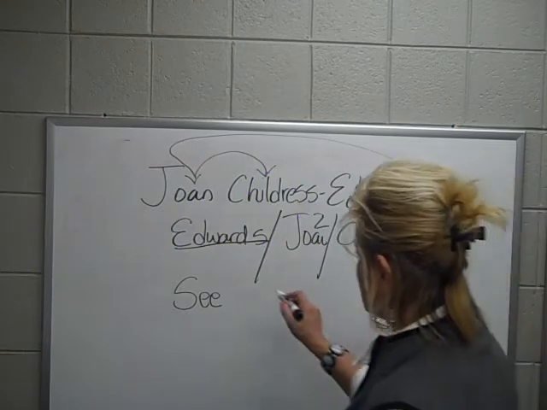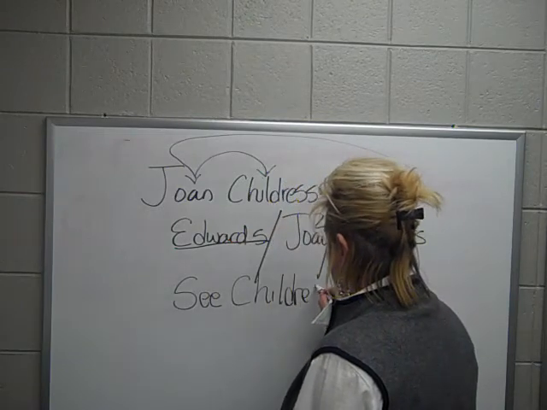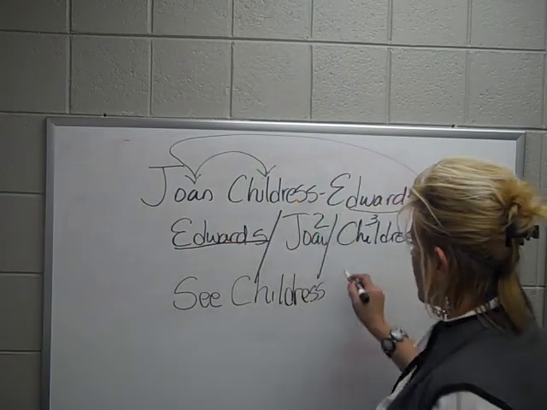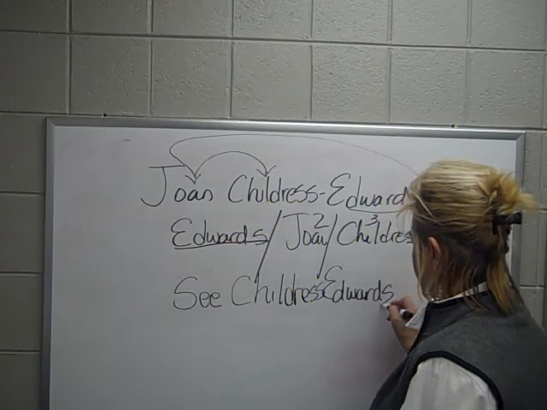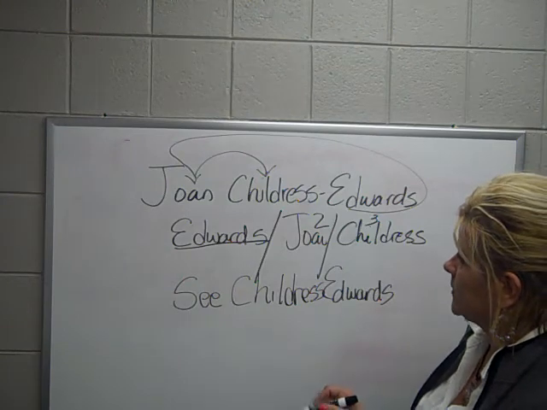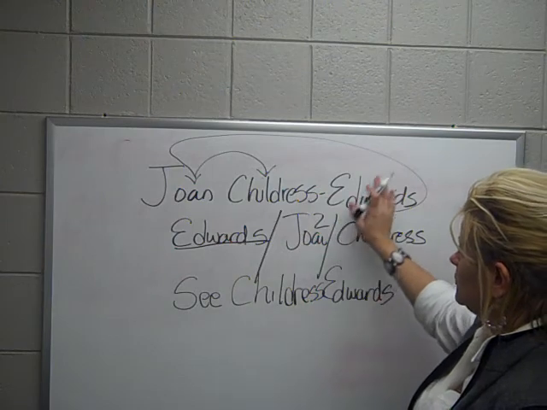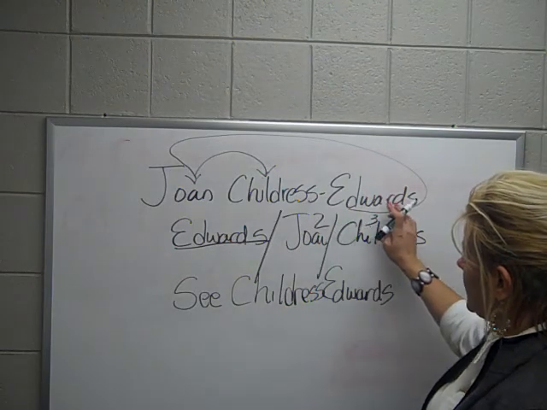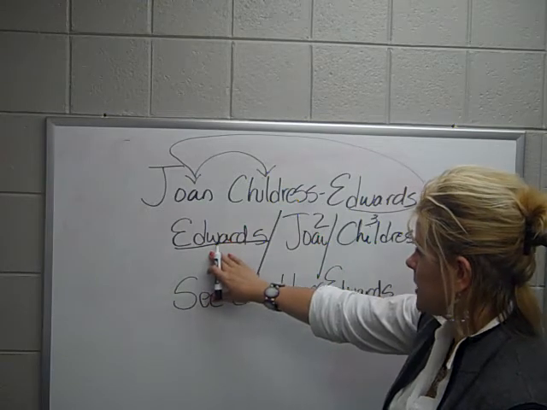Childress Edwards. Because remember, you remove the punctuation like that. Joan Childress Edwards. We're going to cross-reference it to her married name and go file it under the E's, okay?